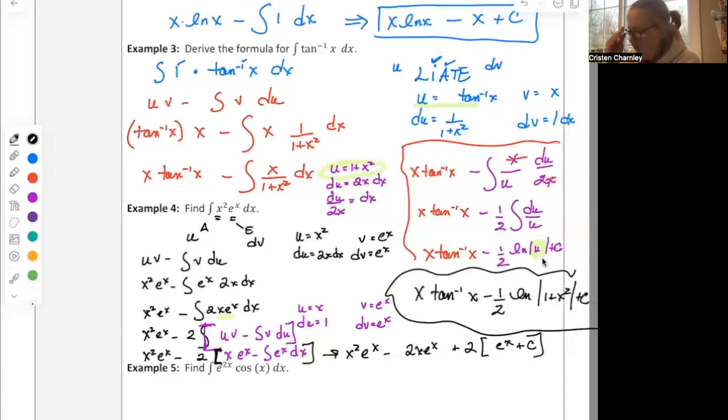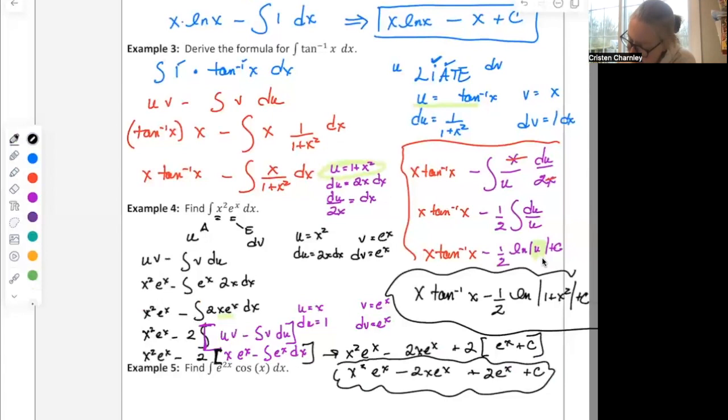Now, if you distribute the 2 to the c, and I think we've discussed this already, it's still just a constant. That plus c is going to absorb the 2. So I call this x squared e to the x minus 2x e to the x plus 2 e to the x plus c. Not 2c, but just plus c. There we go. Nice job. All right.